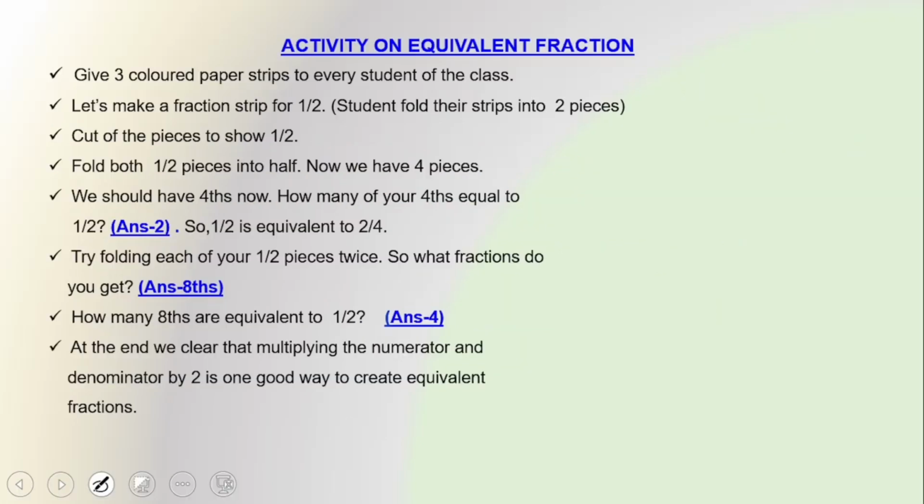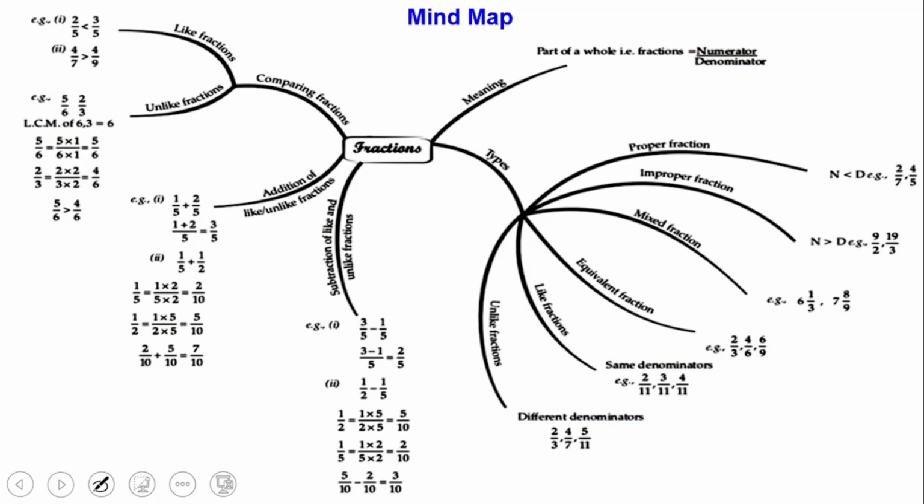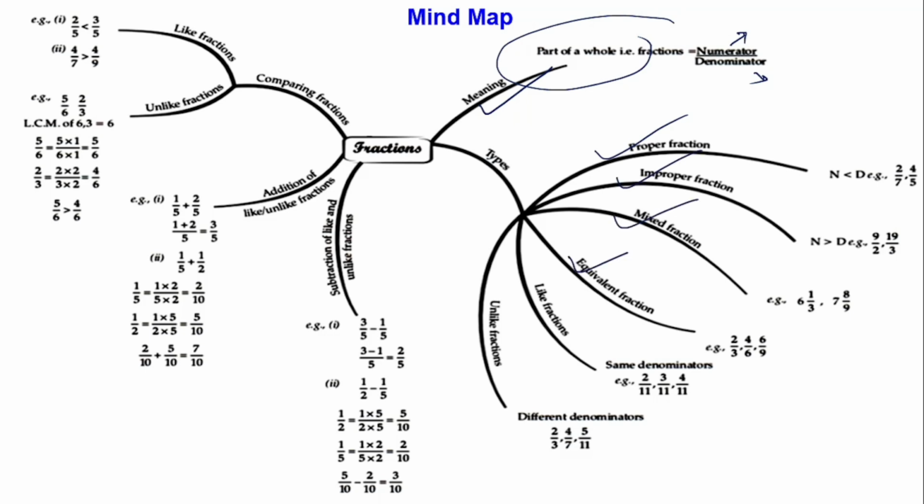Next, activity. You can solve it simply. Now I am comparing first fractions. What is the meaning of a fraction? It is a part of the whole, the upper number is the numerator, the lower number is the denominator. The types are proper, improper, mixed, equivalent, like and unlike.